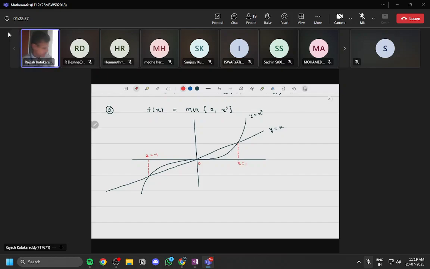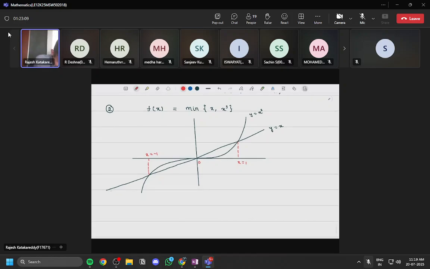Now for x less than -1, y equals x line and x cube, right? x cube is lying below, so delete the x line. From this point till here, x cube has overtaken x, so x cube is the maximum and I need to delete that. x cube I deleted. Clear?